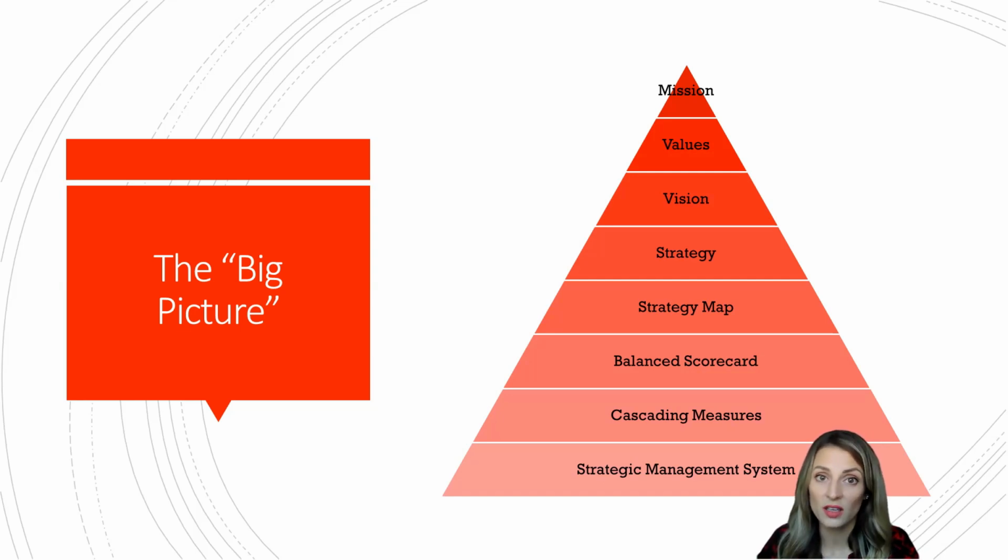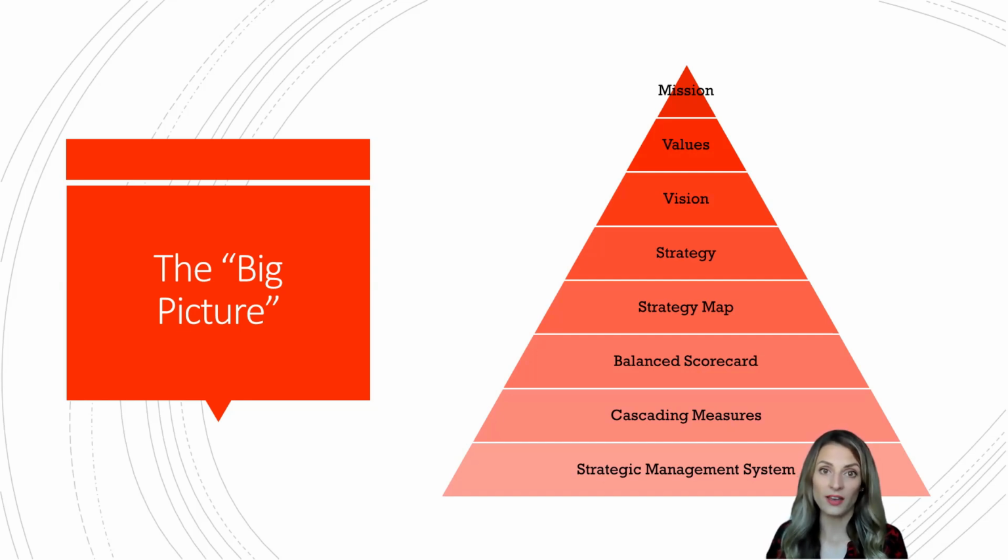Its strategy and a strategy map with its specific objectives can then be created. Then we have the balanced scorecard, which aligns the strategy with the specific initiatives and activities that the organization is going to undertake.